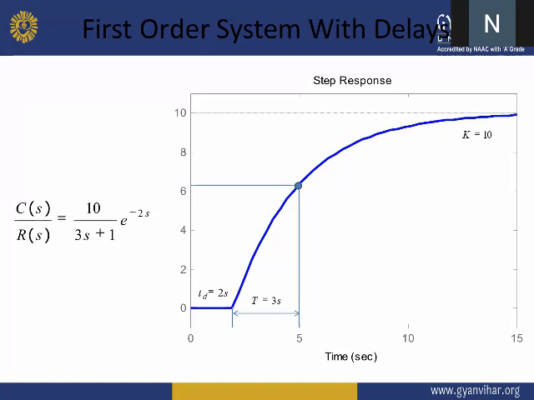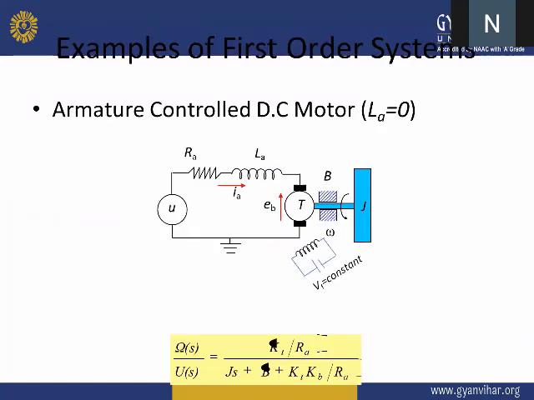Now let's take another example for a first order system. Look at this. We have an armature controlled DC motor. The transfer function is provided as omega upon Vs, where omega is the speed.